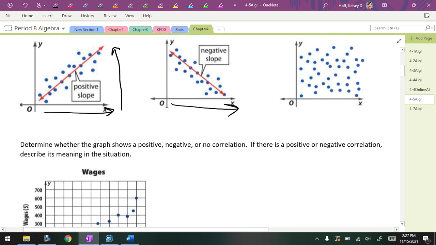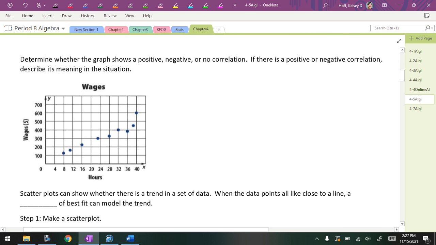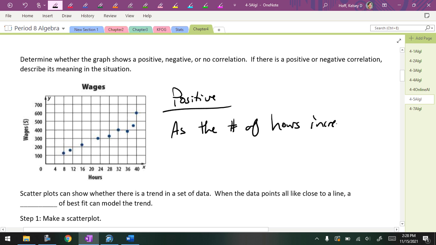Okay? Determine whether the graph shows positive, negative, or no correlation. If it's positive or negative, describe the meaning in the situation. What are your thoughts on that scatter plot? I would say it's a positive. Okay? So describe the meaning. What they're talking about is use your x and y labels here. As the number of hours increases, what happens?